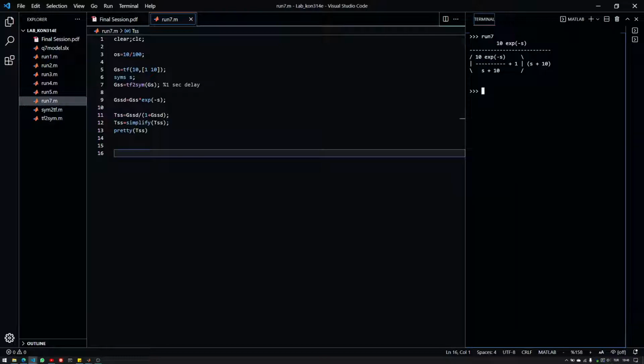The way we deal with this is by approximating e to the power of minus s using the Pade approximation method, for example, and getting rid of the nonlinear term. Since we use polynomials in the approximation, we end up with polynomials, and it gives us a closed loop transfer function.